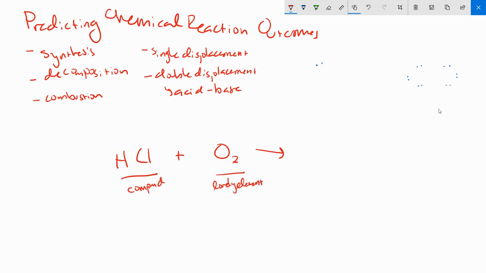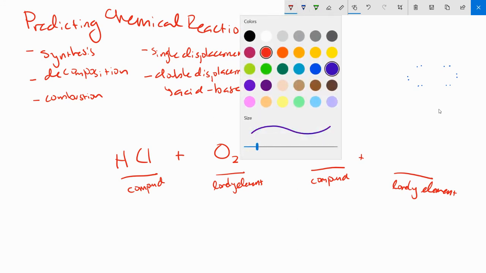Oxygen is only combined with itself. So that to me means I should have another compound plus another lonely element on the other side, making this a single displacement reaction.